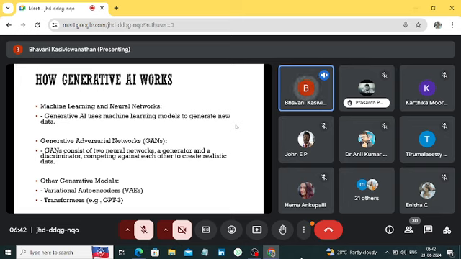Generative adversarial networks consist of two neural networks. Let's consider a machine learning model that does not use generative adversarial networks, but uses an RNN, recurrent neural network, or a convolutional neural network. How would this differ from a generative adversarial network?